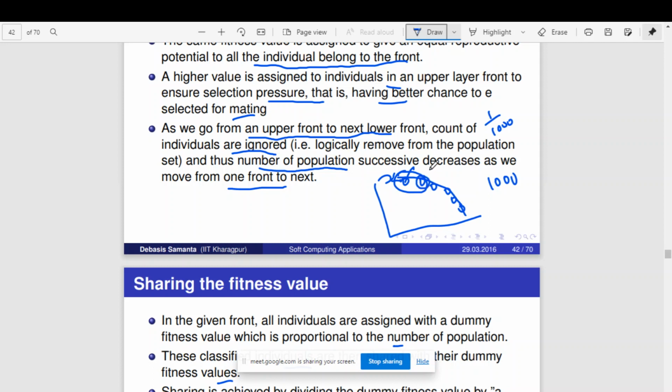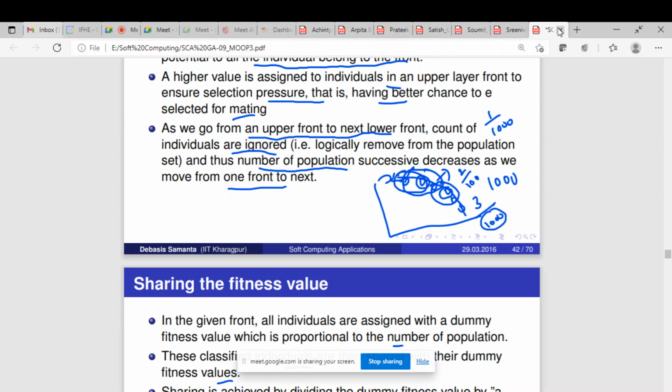Similarly for this individual, if it has two neighbors, its niche count will be 2 by 1000. For every individual, you see how many neighbors they have, divided by 1000, the shared fitness score, and that gives their niche count. Now every individual in this front has a niche count.